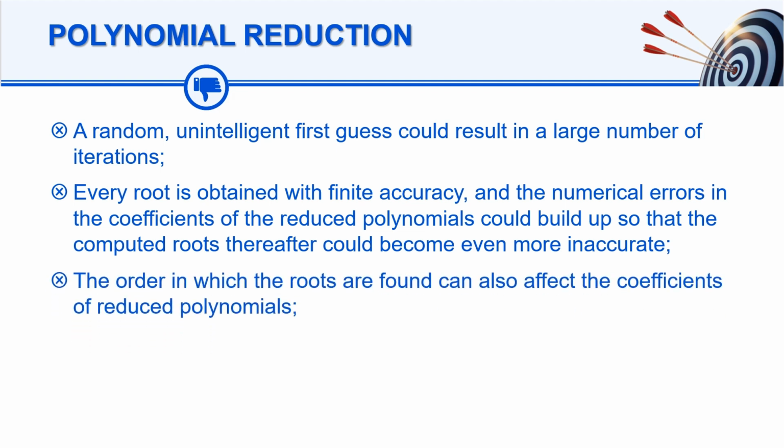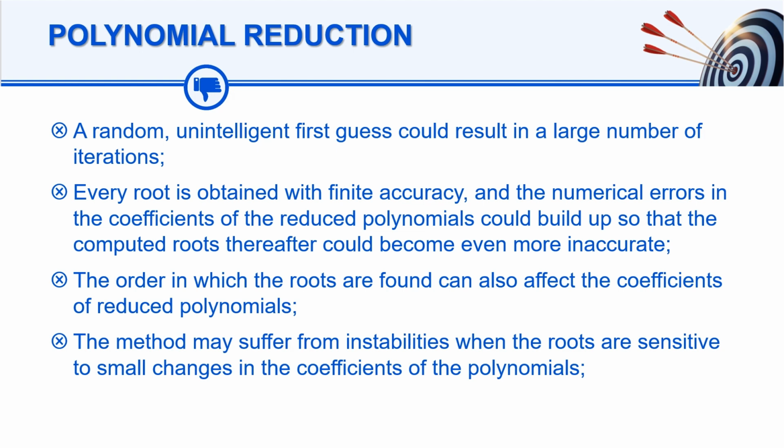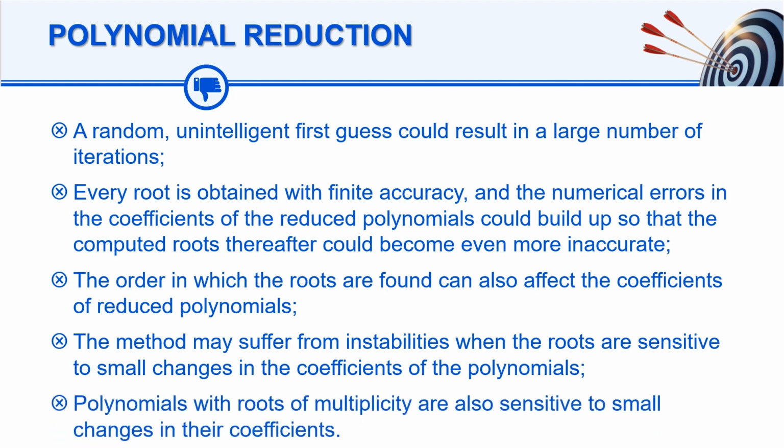The order in which the roots are found can also affect the coefficients of reduced polynomials. The method may suffer from instabilities when the roots are sensitive to small changes in the coefficients of the polynomials. Polynomials with roots of multiplicity are also sensitive to small changes in their coefficients.